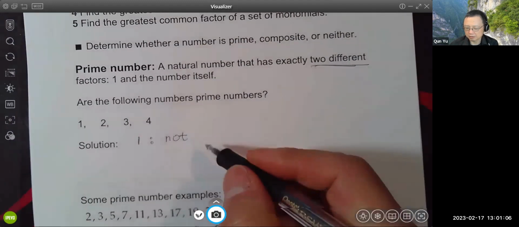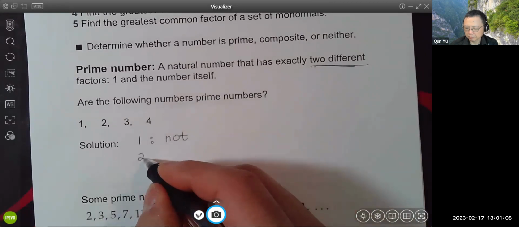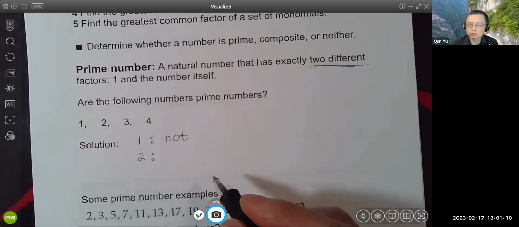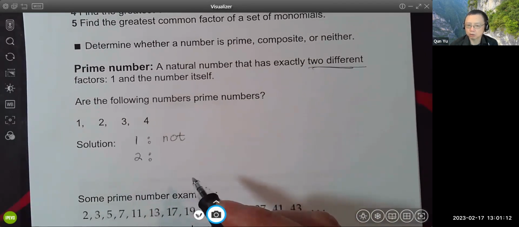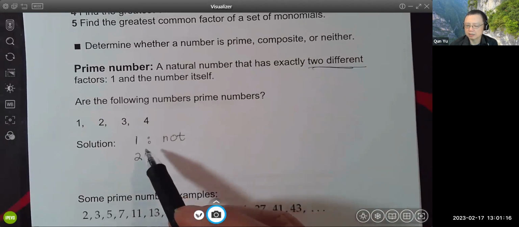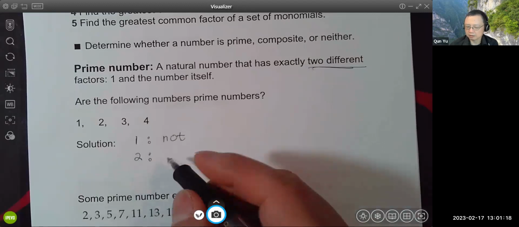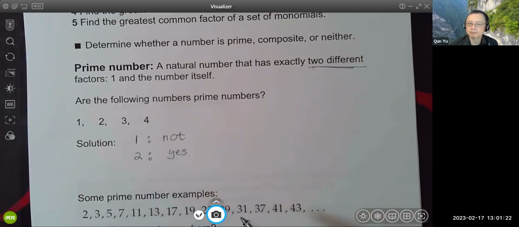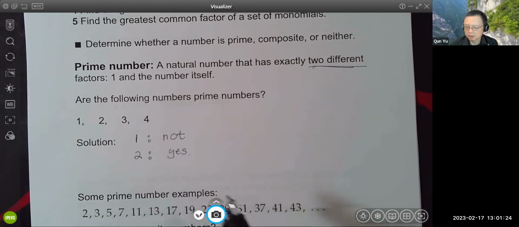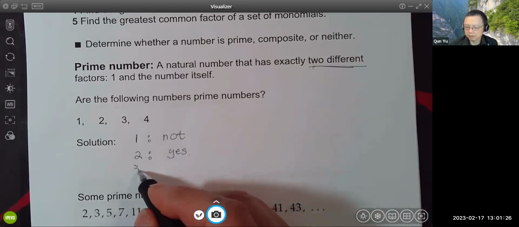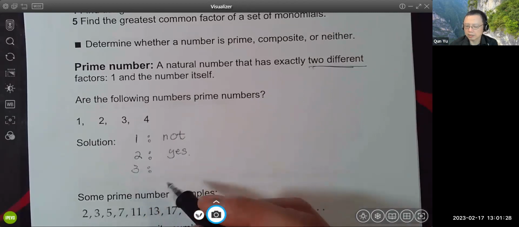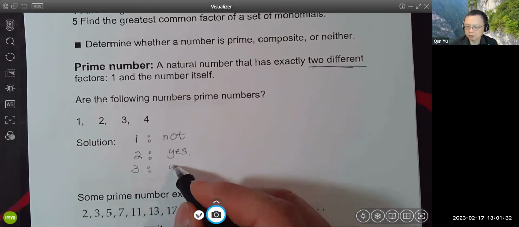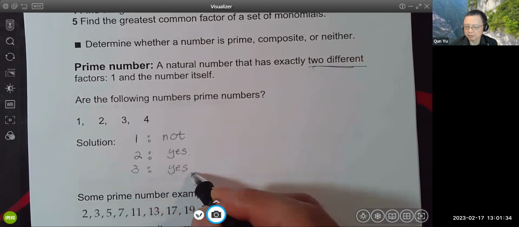How about the others? Let's do this one by one. 2. 2 can be divided by 1 and 2, and that's the only factor that can divide 2 evenly. So this one is yes. And the third one, 3, just like 2, can only be divided by 1 and 3 evenly. So this one also, yes, it is a prime number.